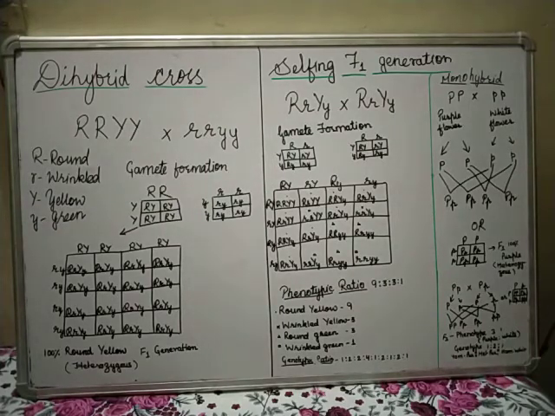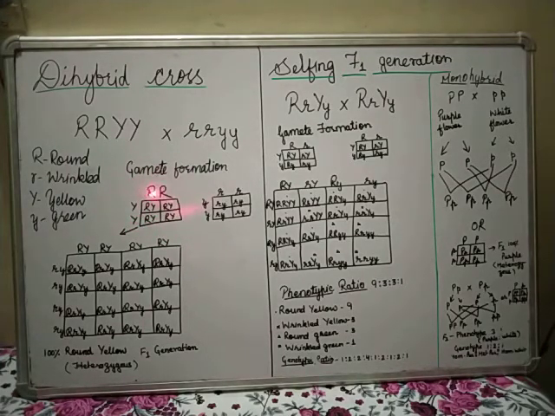For gamete formation we have two characters. Here we have RR and YY, and here we also have small r and small y. To make it convenient, I have shown the process of formation of the gametes in the Punnett square form. The first character we place on the top and the other character on the side.